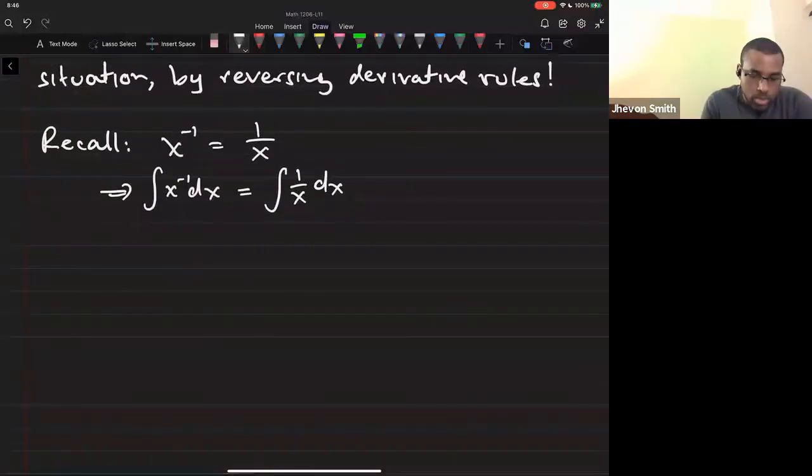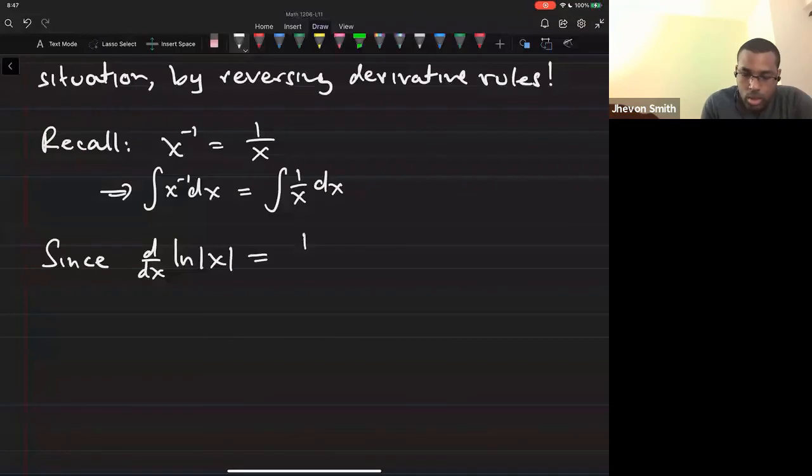So this leads to: since we know that the derivative of ln of the absolute value of x is equal to 1 over x, this accounts for both positive and negative values of x.